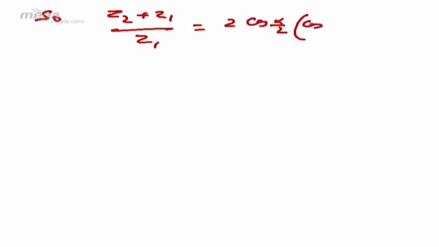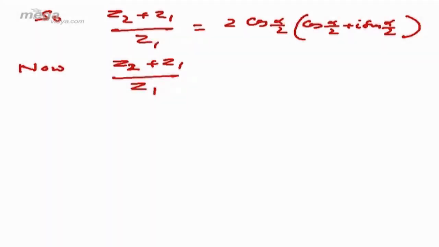So (Z2 plus Z1) divided by Z1 is equal to, if you take common 2 cos alpha by 2, cos alpha by 2 plus i sin alpha by 2. Now you can write (Z2 plus Z1) divided by Z1 is equal to 2 cos alpha by 2 into e to the power i alpha by 2.